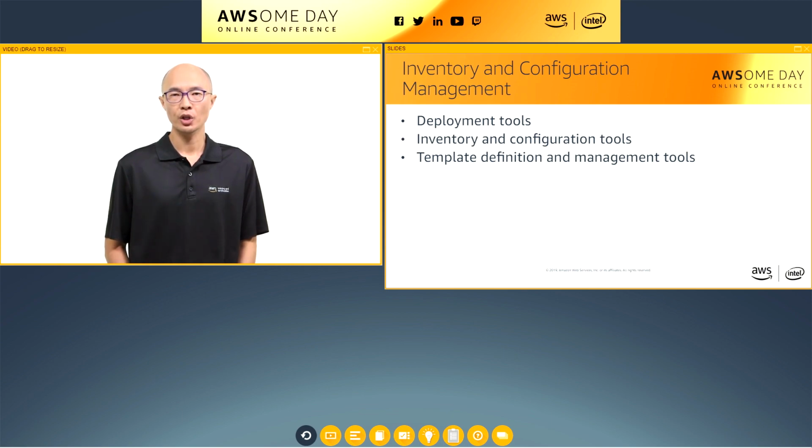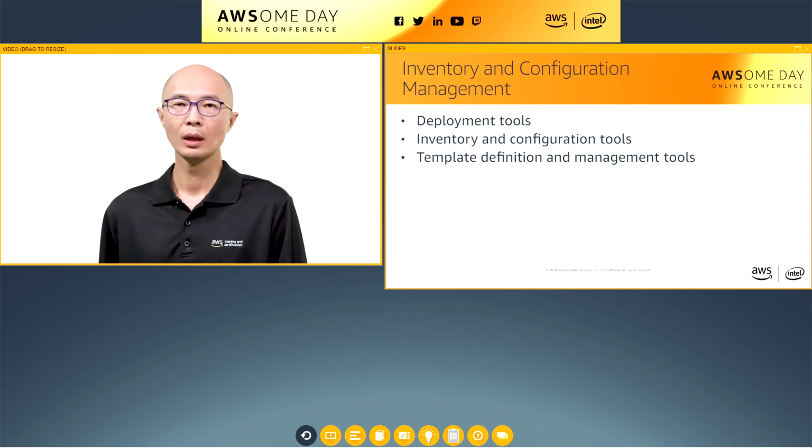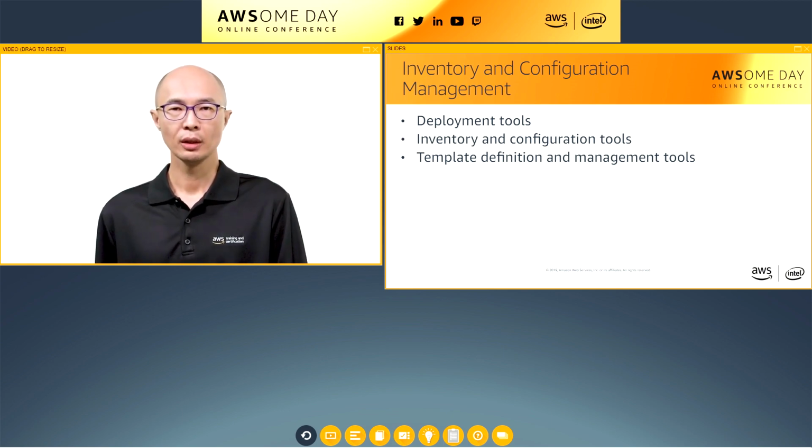Inventory and configuration management tools to identify AWS resources and then track and manage changes to those resources over time. Template definition and management tools to create standard, pre-configured, hardened virtual machines for EC2 instances.